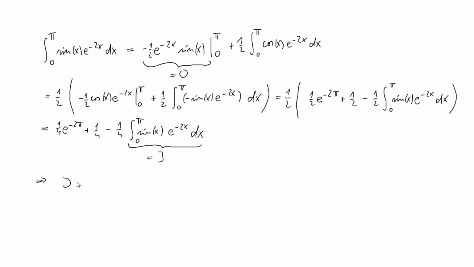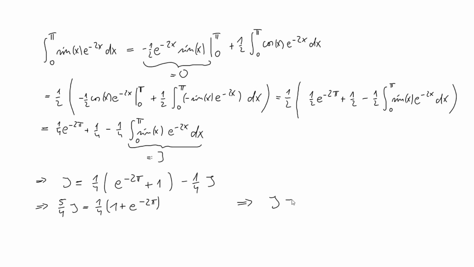We have I equals 1/4 times e to the minus 2 times pi plus 1, minus 1/4 times I. So we can just add on both sides 1/4 times I, and thus receive 5 over 4 times I equals 1 over 4 times 1 plus e to the minus 2 times pi, and by that we receive that I equals 1 over 5 times 1 plus e to the minus 2 times pi.